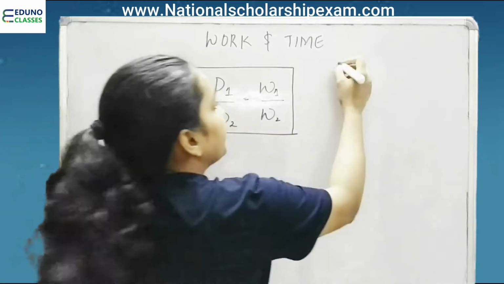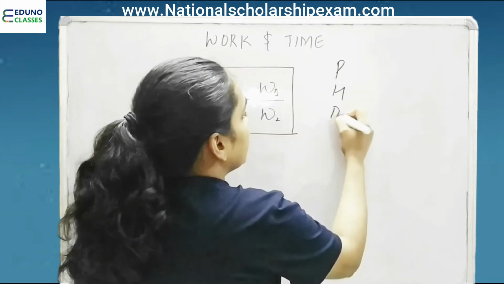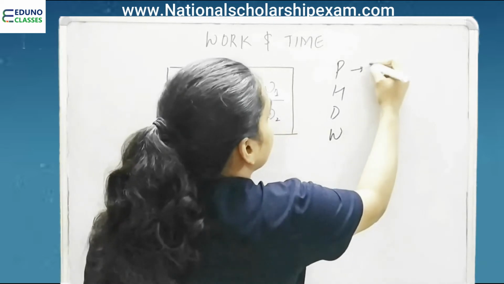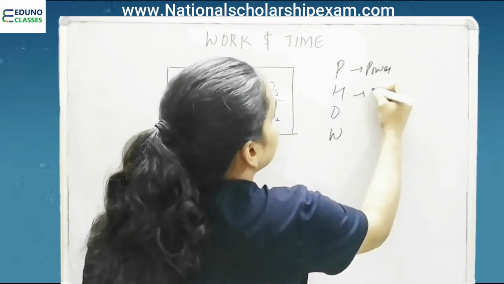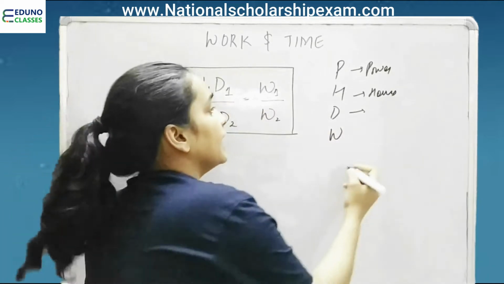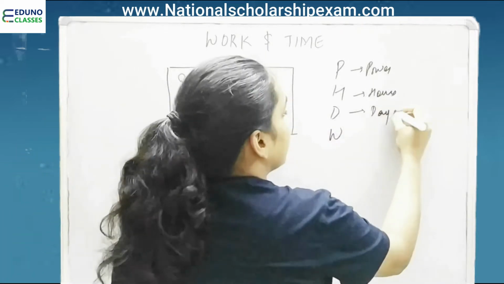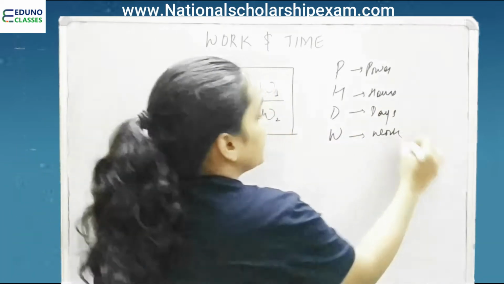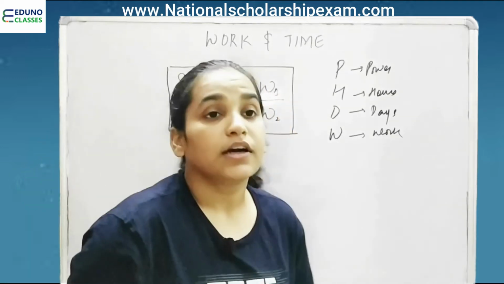So what is P, H, D and work? P is for power, H is for hours, how many hours were taken, and D is for days, and W is for work.